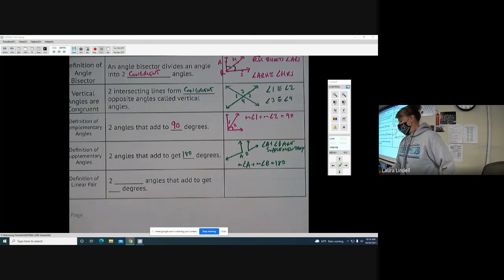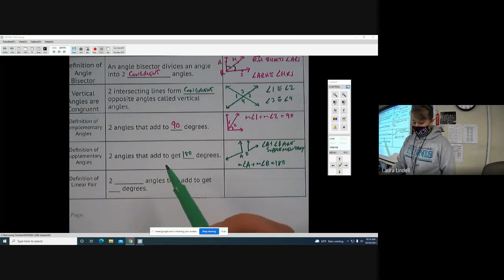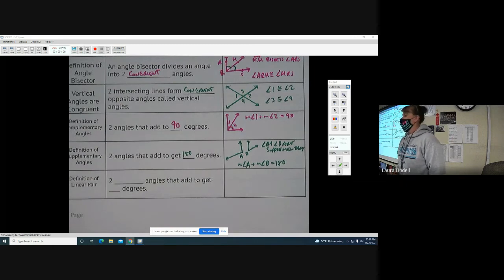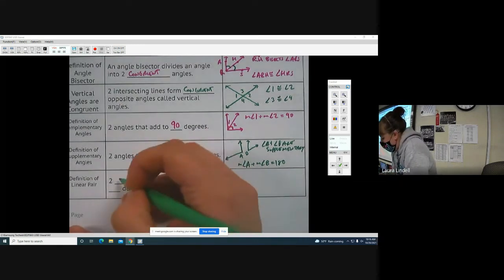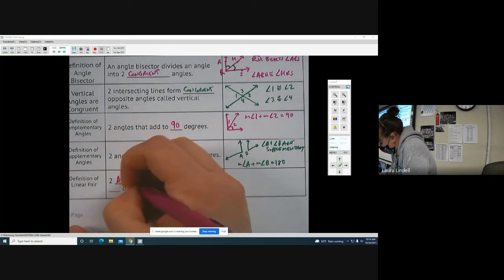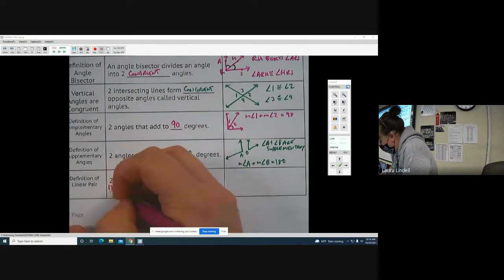All right. And then really the only difference from supplementary to linear pair is the picture, because for a linear pair, they have to be adjacent angles. And then they still add to 180.